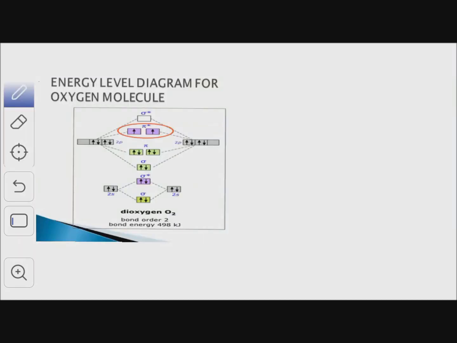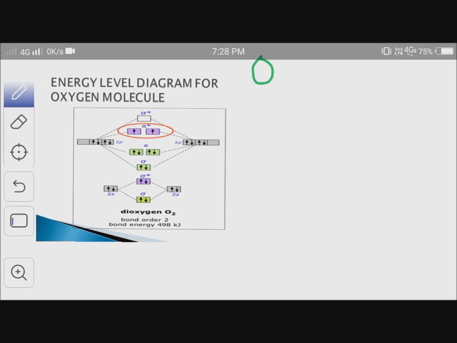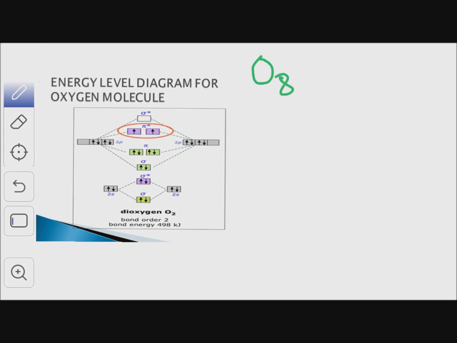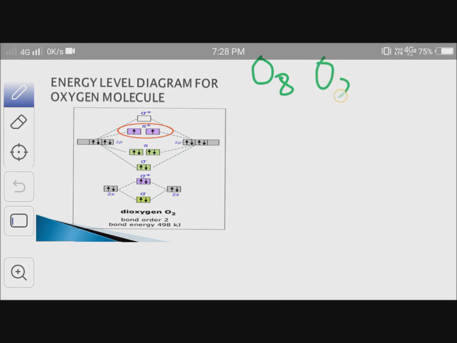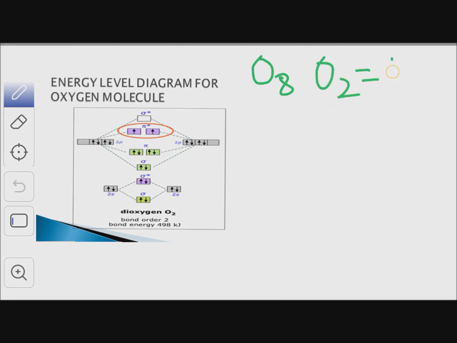Next is the energy level diagram for the oxygen molecule. Oxygen has atomic number 8, meaning it has 8 electrons, and the O2 molecule has 16 electrons in total. According to the energy level diagram, electrons are first filled in the lowest energy level according to the Aufbau principle.